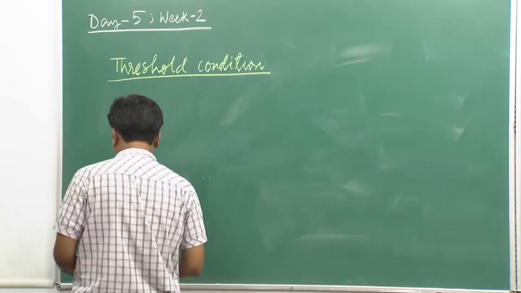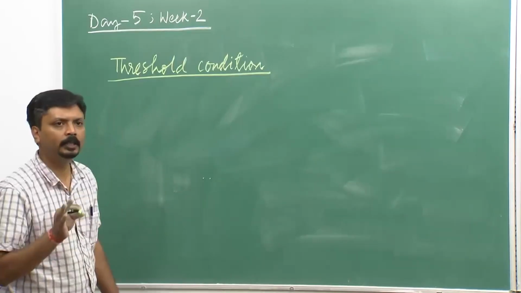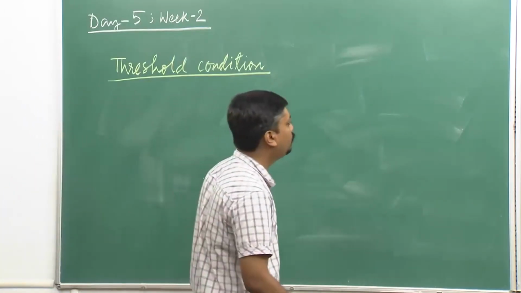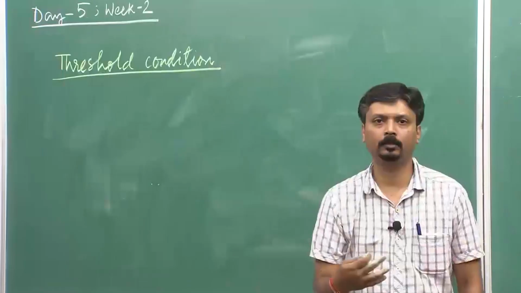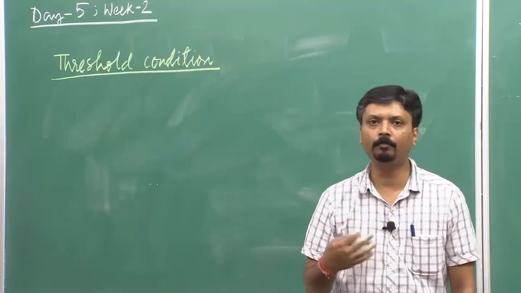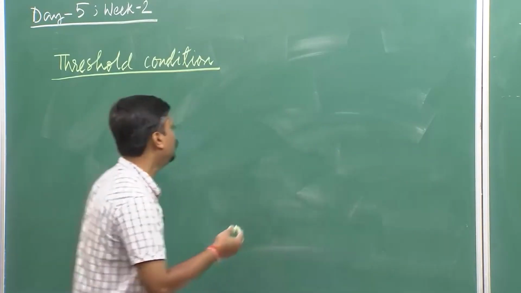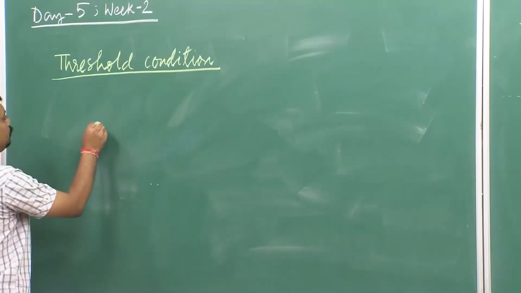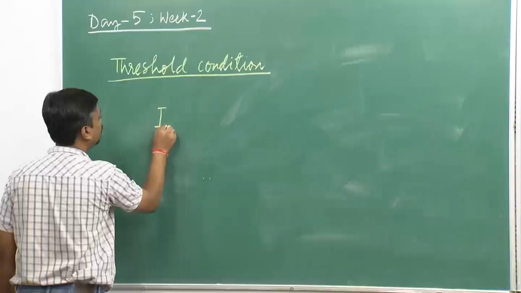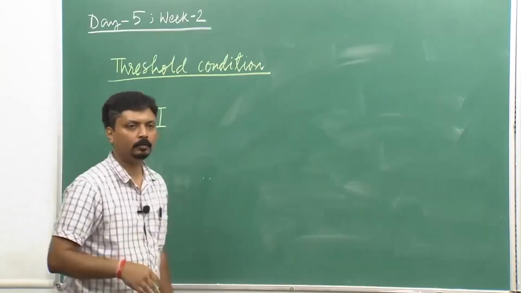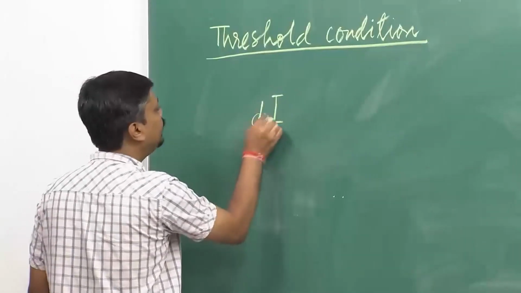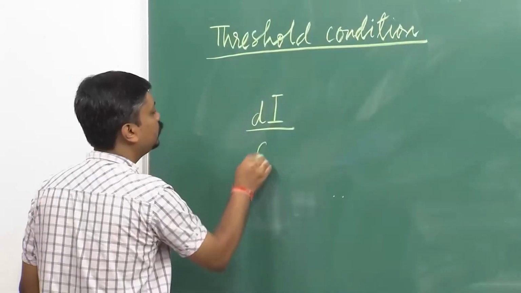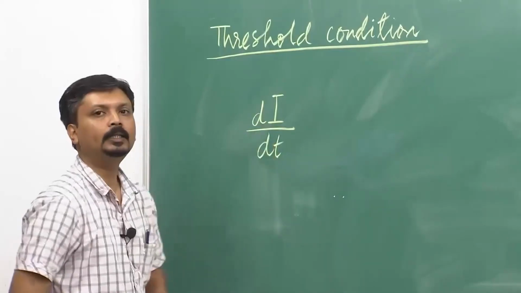So, we have learned about population inversion earlier, and we also know the rate of increase of intensity of the stimulated photons. What I am saying is that if I say intensity of the stimulated photons is I, then the rate of increase of this. When I say rate, that means there is a time component.